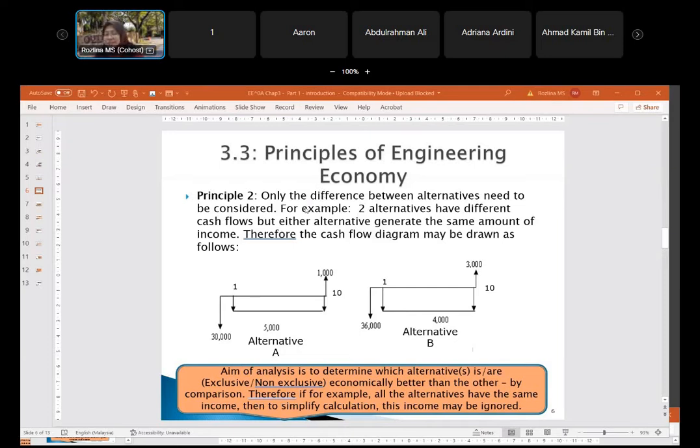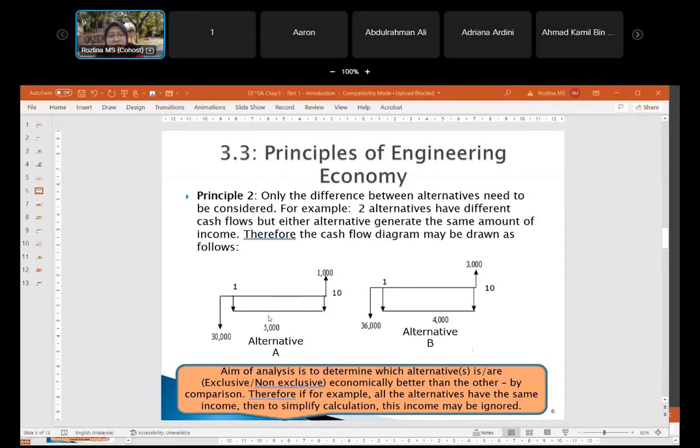Okay. What you are doing actually is, if you have something here, let's say 5,000, this one is 4,000. You can make the comparison. It is the same, 1 until 10. This one also 1 until 10.